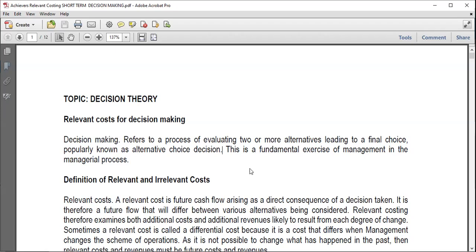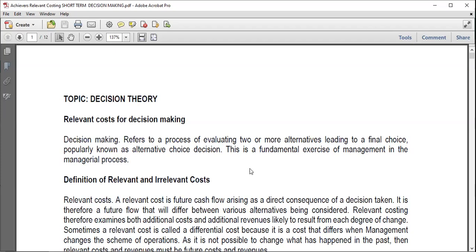So basically, in our introduction, we tried to understand what decision making is, as well as the process of decision making. Now, as we continuously dig deep into our paper, Management Decision and Control, it's very important for us to understand that there is what we call relevant costs and irrelevant costs when it comes to decision making.